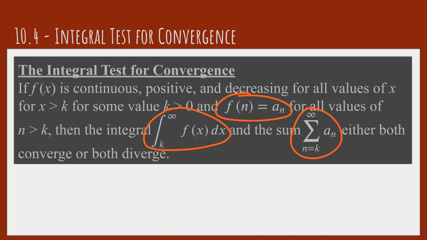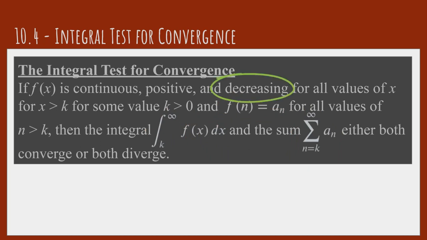The integral test for convergence is very powerful if, and this is very important, if we can match up term for term the series with some function, and also if we can actually evaluate the improper integral of that function. That function does have to meet a few criteria. It has to be continuous, it has to be positive, and it has to be decreasing.